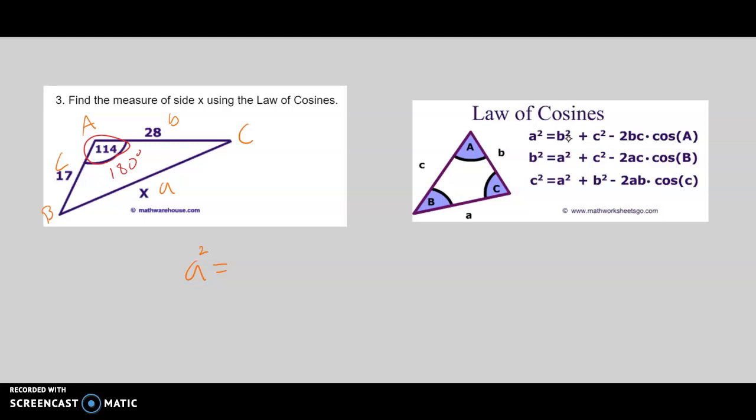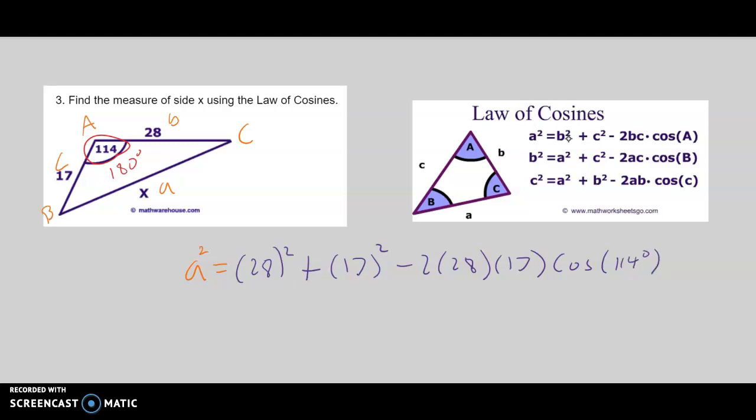So all I'm going to do is plug in the information they gave. A squared is equal to, B is 28, so 28 squared, plus C, which is 17 squared, minus 2 times B, which was 28, times C, which is 17, times the cosine of angle A, which is 114 degrees.